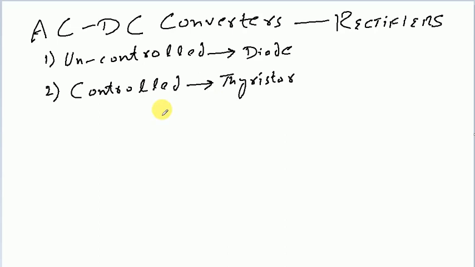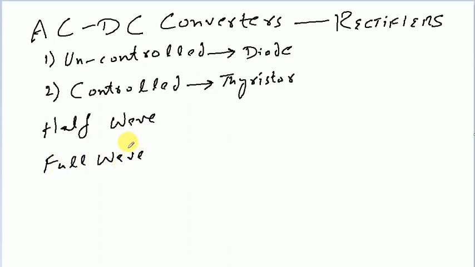Then another type of classification of these converters or rectifiers can be done based on which type of topology we are using. We can have either half wave type of converters, or we can have full wave type of converters.